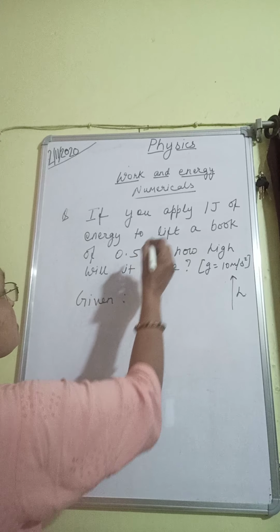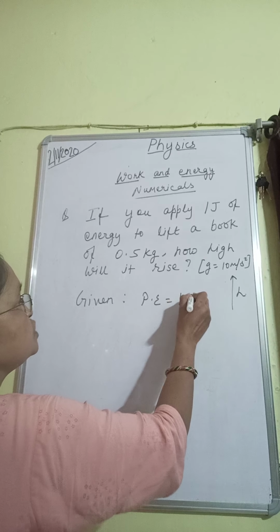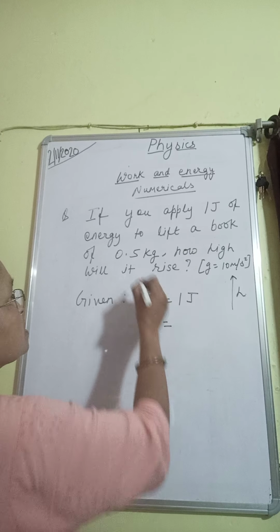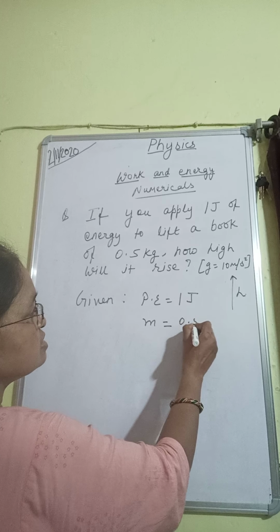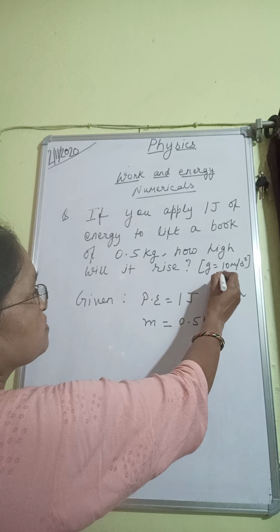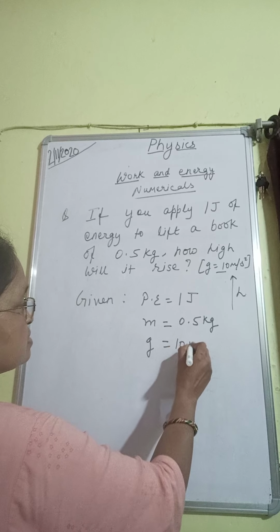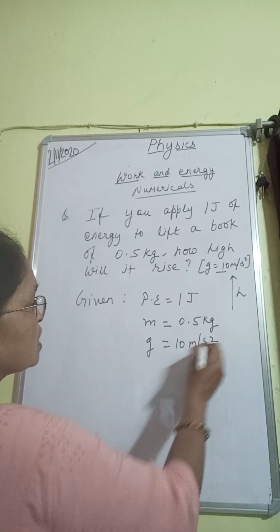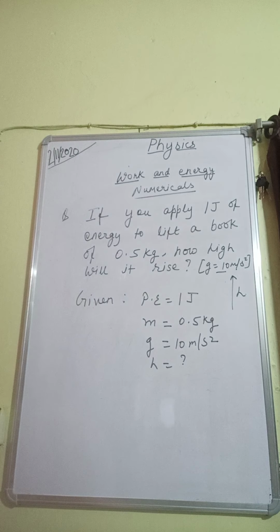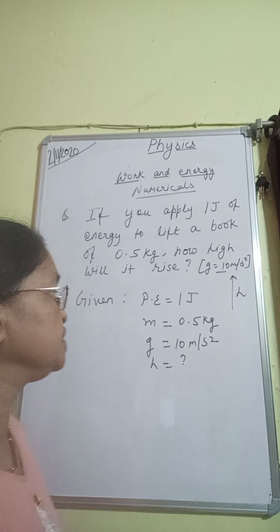Given: potential energy 1 joule, mass 0.5 kg, g here it is given 10 meter per second square. We have to find out height. So apply the formula of potential energy.